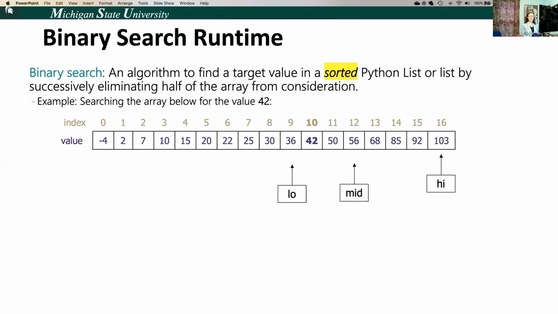Okay, 56. Well, is that 42? No, it's not. So the upper side of that array is gone. I'm never going to see that again. I'm never going to work through the indexes 13 through 16, but I am going to work through 9 through 11 and eventually find out that I have actually found it, and I will return, yes, we found it. With binary search, you can return the index, or you can return true or false, depending on how you're writing this.